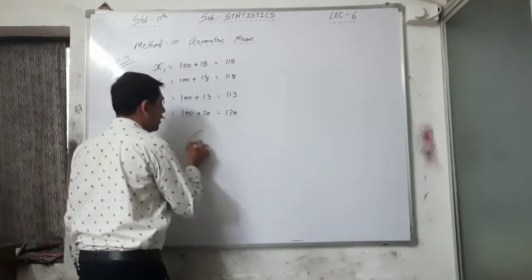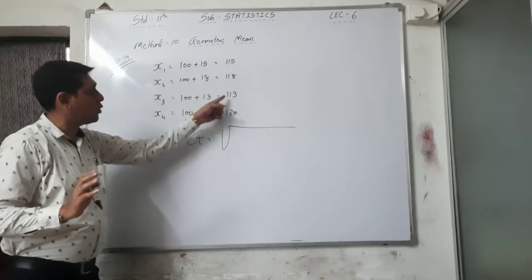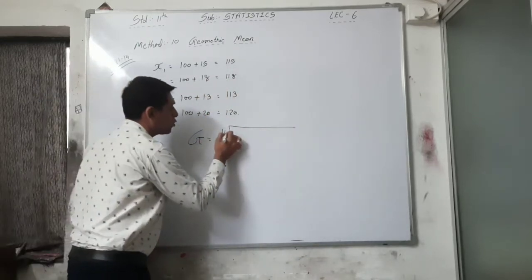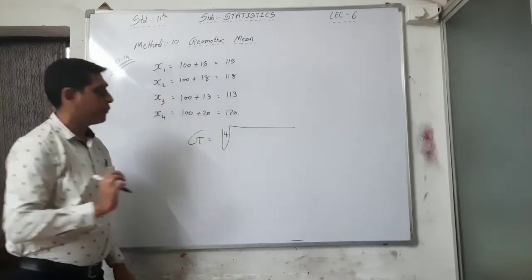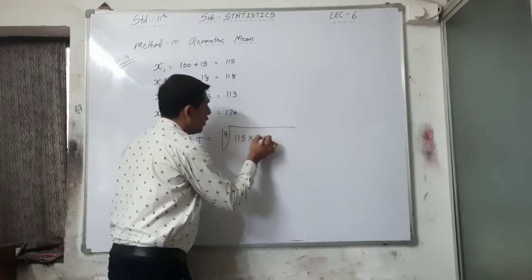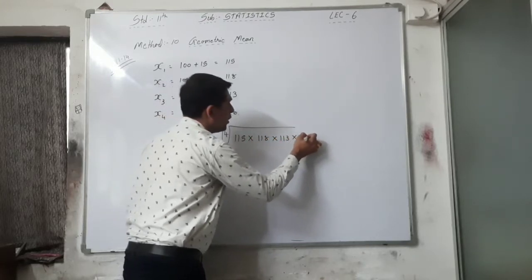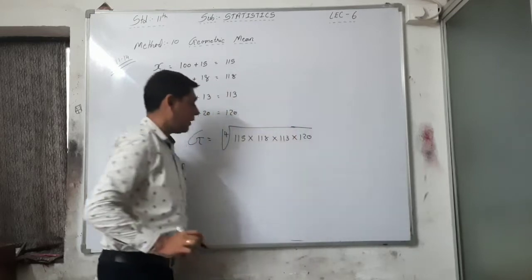Now we have to find out the geometric mean. Here 4 observations are here, 1, 2, 3, 4, so 4th root, so I have to write here 4. Then the multiplication of all these, 115 into 118 into 113 into 120, right?